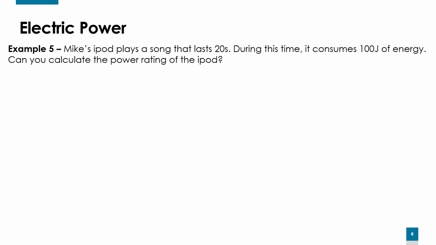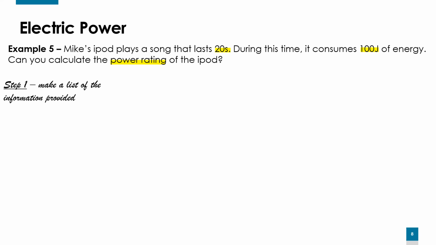Mike's iPod plays a song that lasts 20 seconds. During this time, it consumes 100 joules of energy. Can you calculate the power rate of this iPod? So let's highlight. Mike's iPod plays a song that lasts 20 seconds. During this time, it consumes 100 joules. Can you calculate the power rate of the iPod?